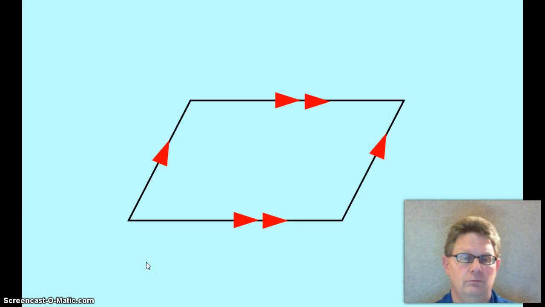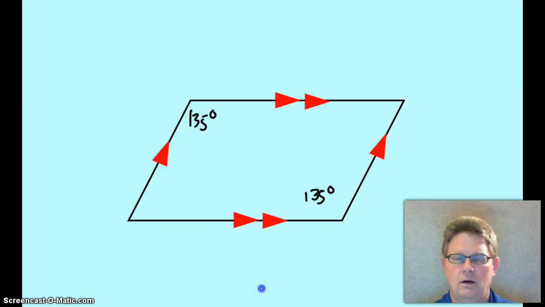So what you're going to see is, of course, I might give you angles. Like, I might say that this is 135 degrees and ask you, on a parallelogram, to find all the other angles. Well, opposite angles are congruent.